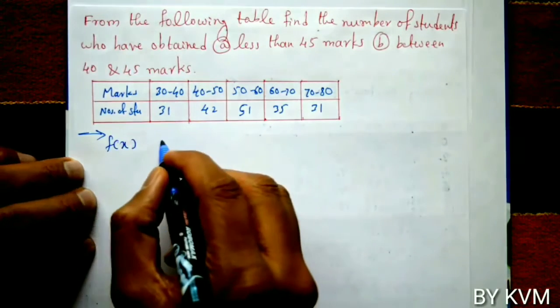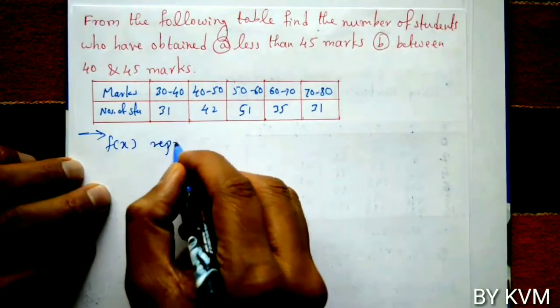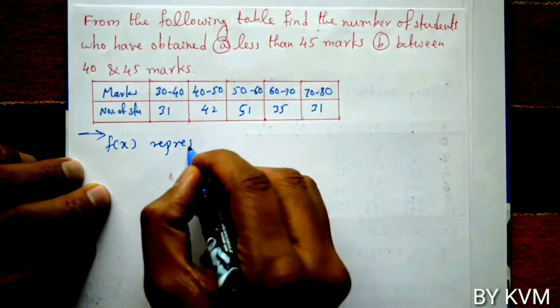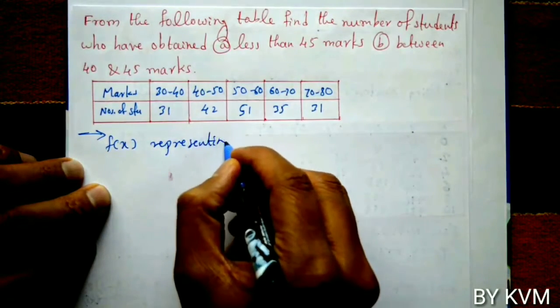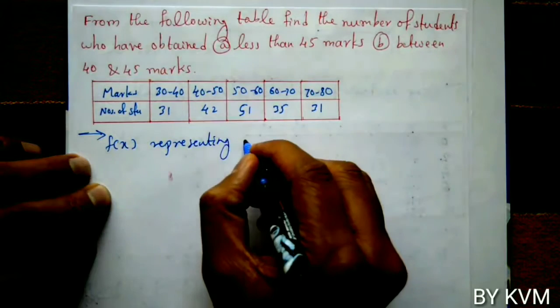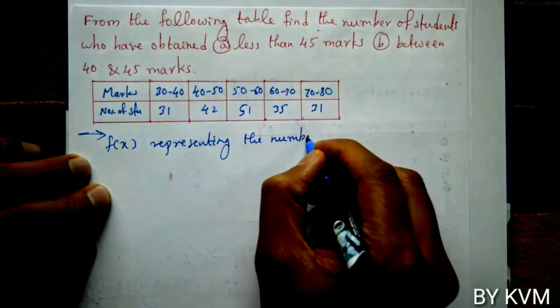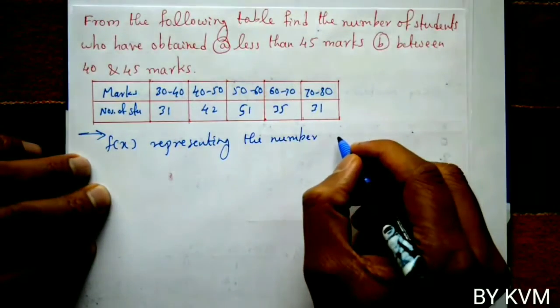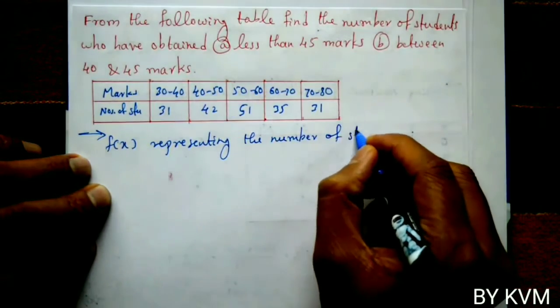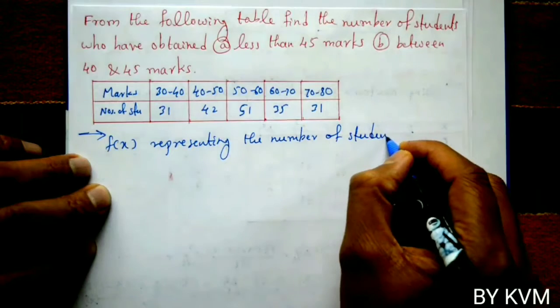Instead of taking 40 and 50, take the marks scored less than 50. And similarly, instead of taking the 50 and 60 interval, take the marks scored less than 60.